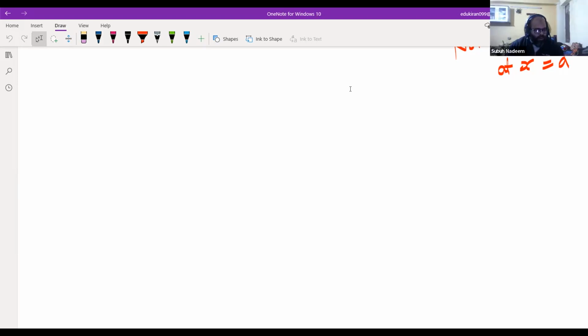Yes. So the first one is point discontinuity. Point discontinuity is something like this. I don't actually remember the example which was given there.